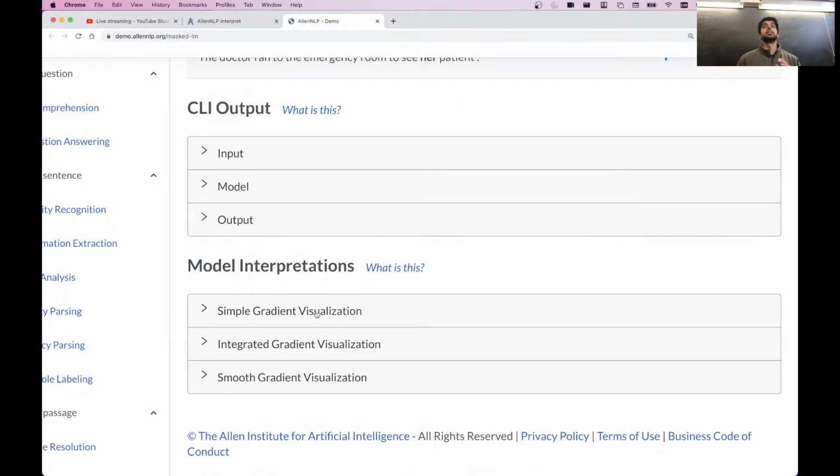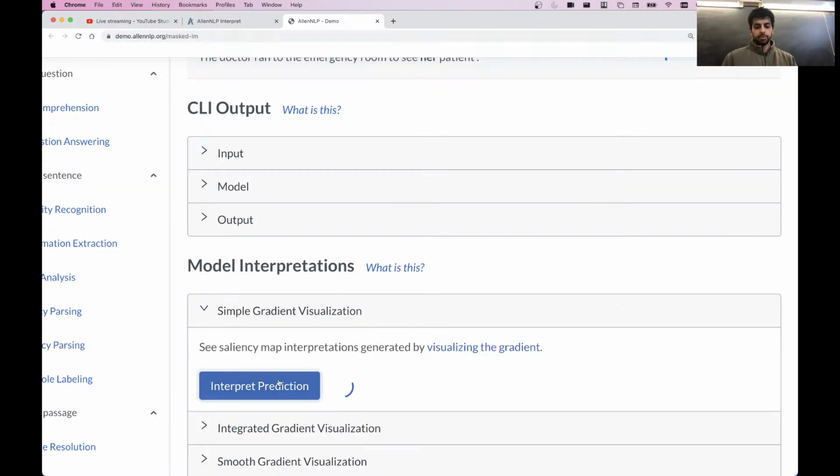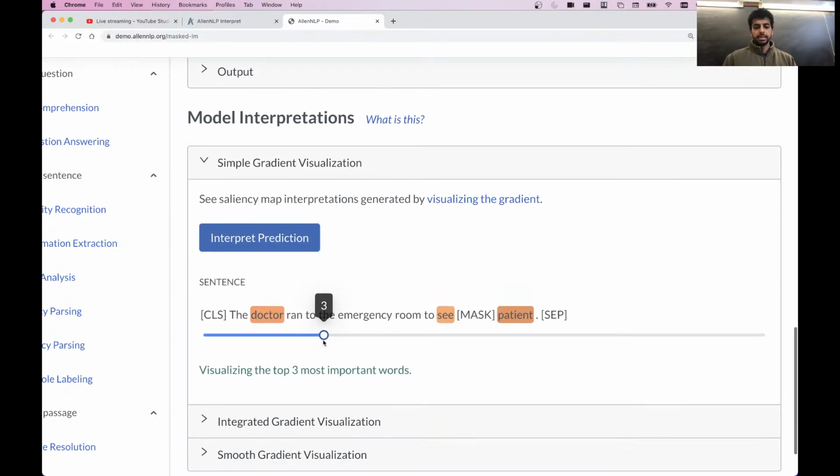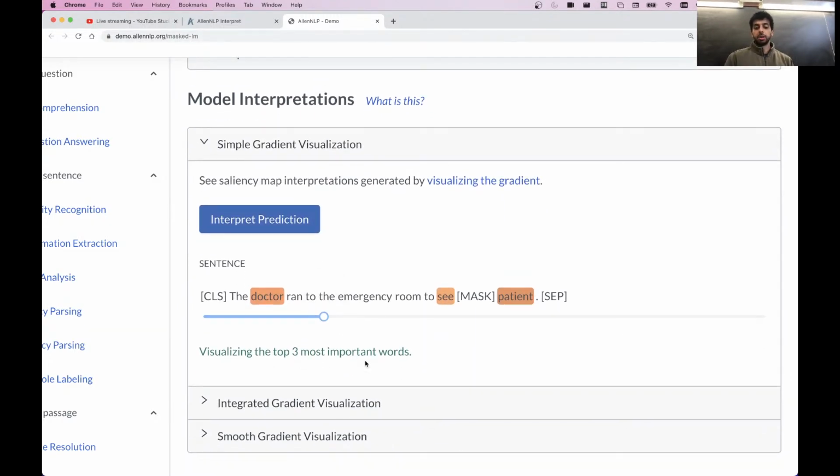So one way to look at this is to visualize the gradient. You can look at the norm of the gradient at each of these word embeddings to see which one is contributing the most to this particular prediction. If we do that, we see that the top 3 most important words, as computed by just looking at the size of the gradient, are doctor, see, and patient, which makes sense.